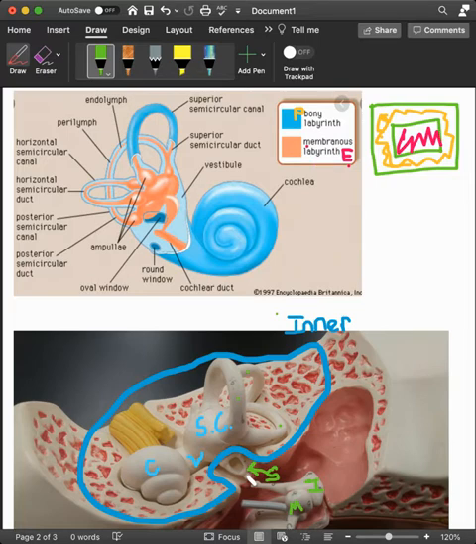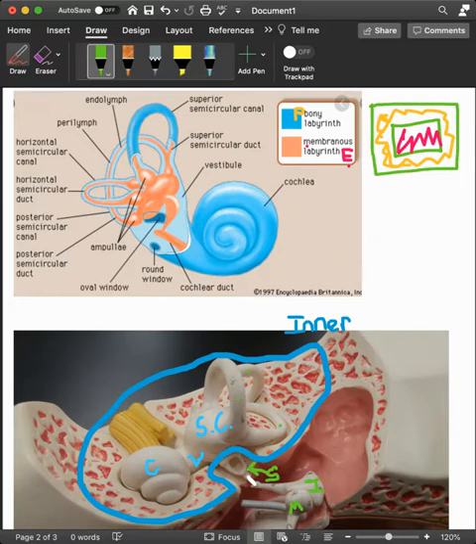All right, so let's get into some actual structures within the inner ear. So you have the vestibule, the semicircular canals, and the cochlea. But what's inside these besides the bony labyrinth and the membranous labyrinth and those two liquids? So in the vestibule, you have what's called the oval window.